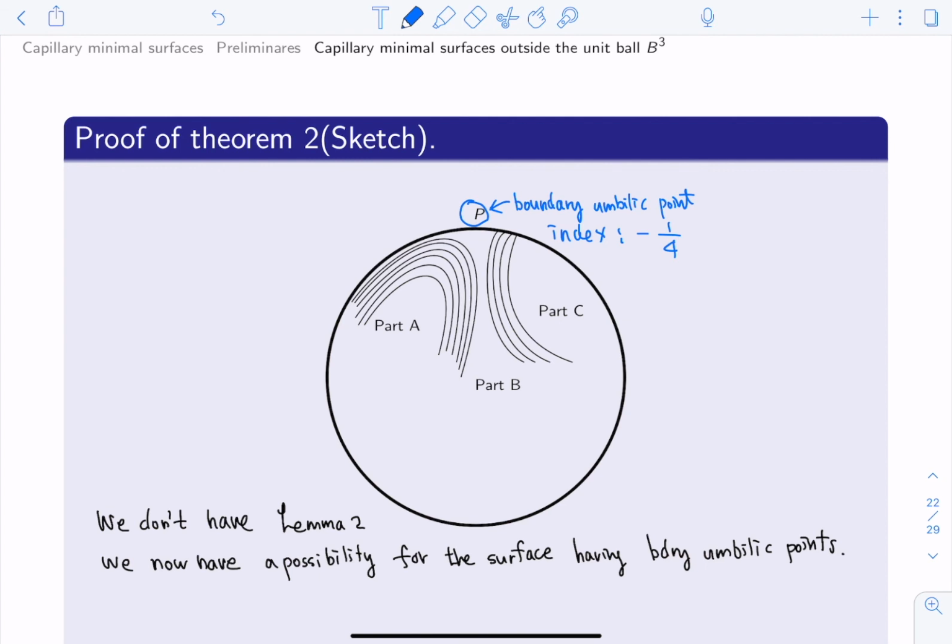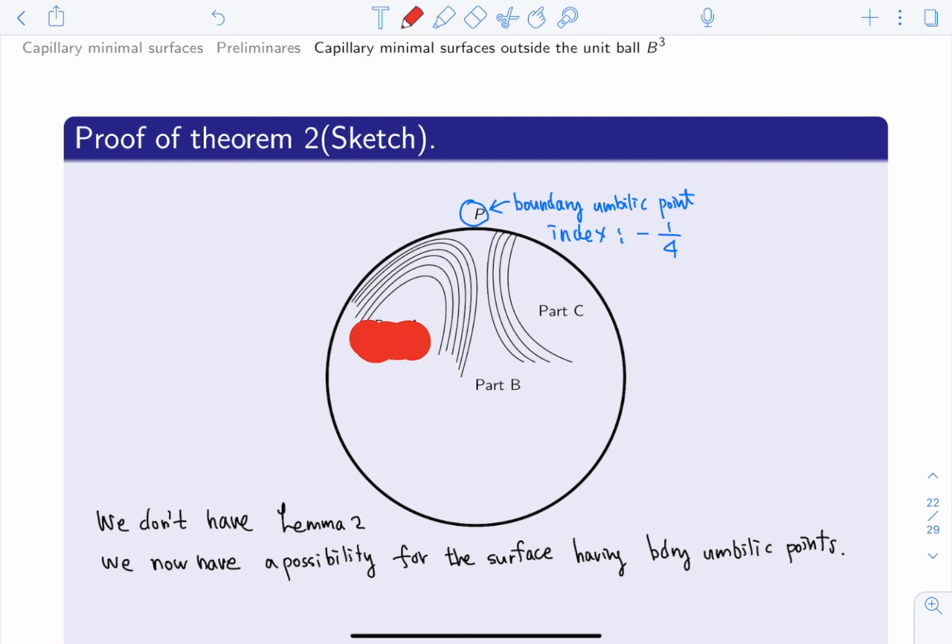So the lines of curvature must look like this near P, and then we can find out that there are 3 parts on the domain.